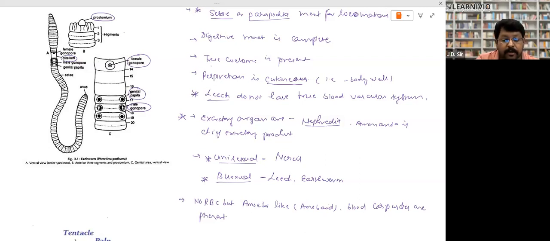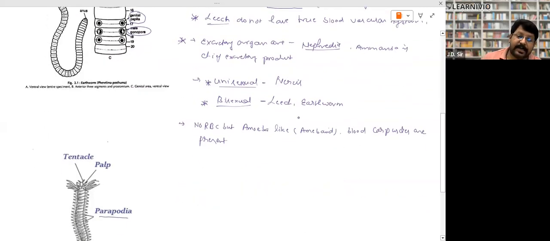Next point. They have tactile receptor. What does it mean, tactile receptor, Martin? What is tactile?